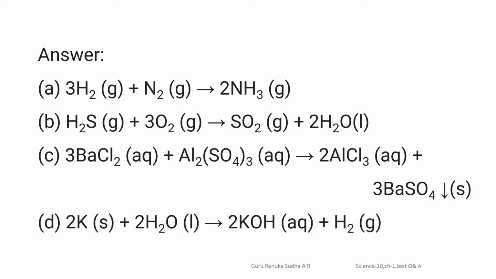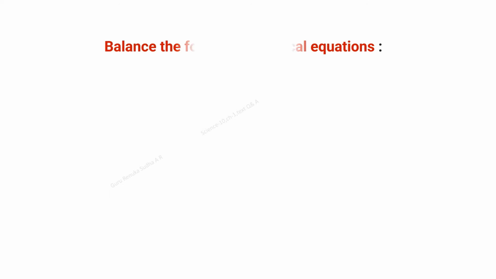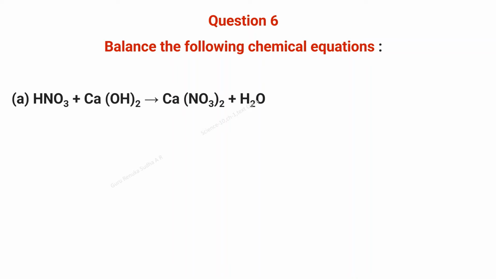They are asking you to balance the chemical equation. They have given one equation, HNO3 plus calcium hydroxide gives calcium nitrate, Ca(NO3)2, plus H2O. First you have to check how many atoms of each element are present on the left hand side, and on the right hand side.